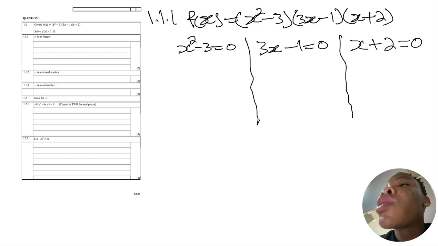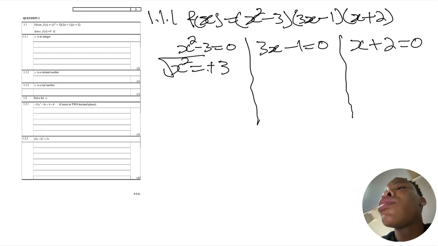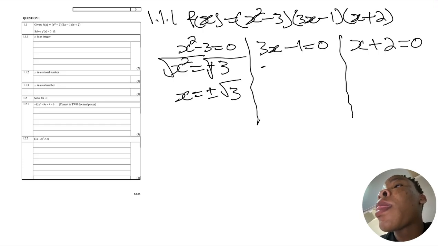Now let's solve for x. We will have x squared equals positive 3. We remove the exponent by the square root. We will have x is equal to plus or minus square root of 3.